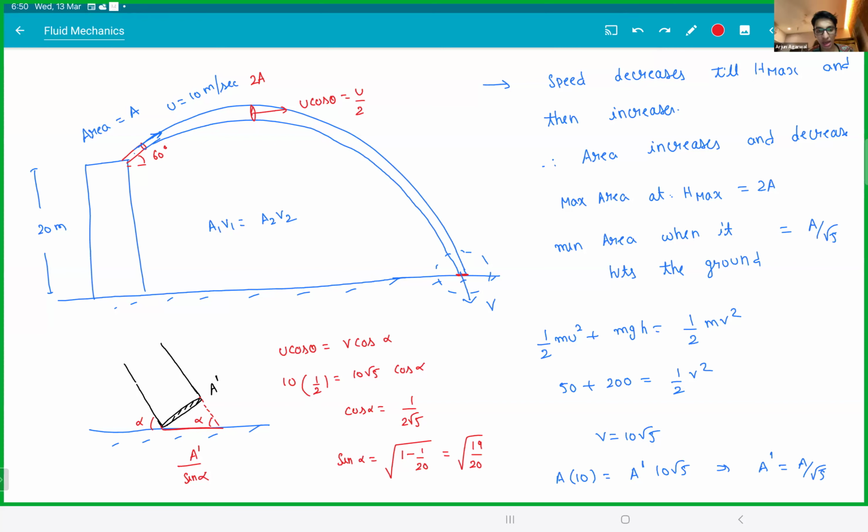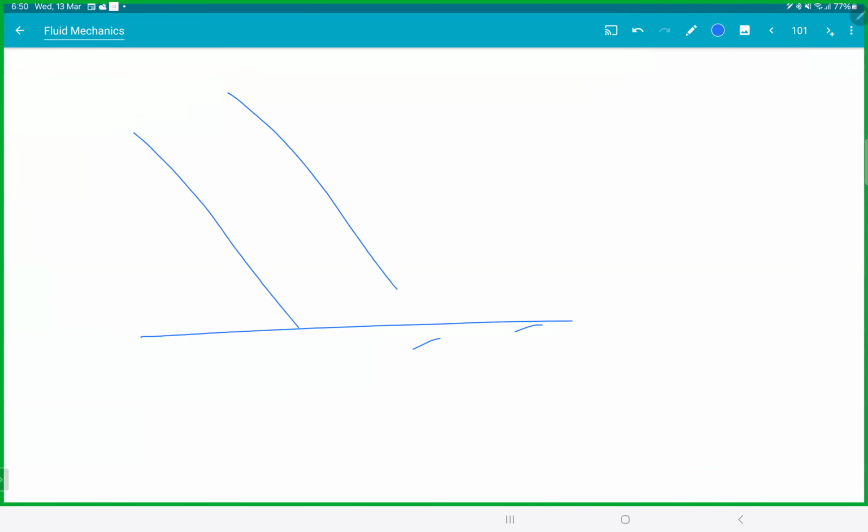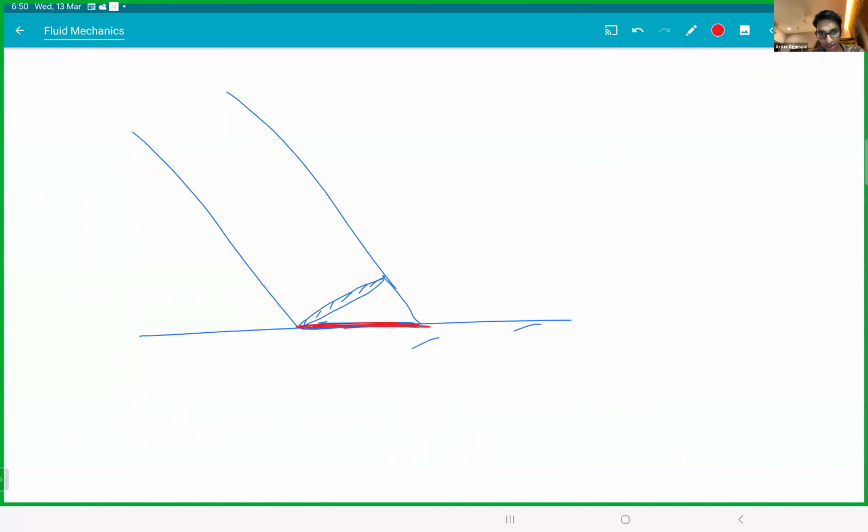So I didn't understand how we're getting the slant area. When you hit the jet, it will come like this. What you're finding is this area. When you say A1 V1, you're finding this area, isn't it? When it hits at an angle, you will hit the ground with this area, right? Yeah, but why can't we apply the equation of continuity directly for the lower area?